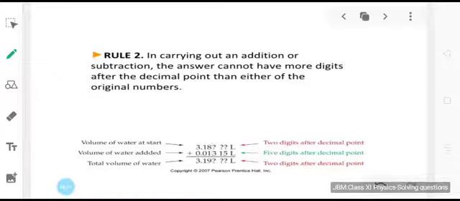Again, let us take one example. For example, first of all, let us consider addition.